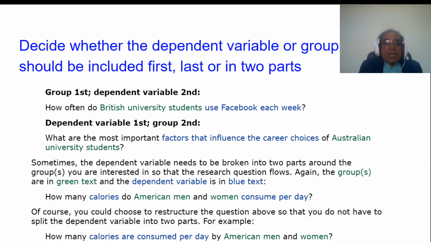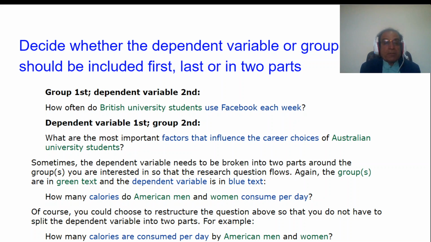We have broken the variable. Of course, you should choose the restructure of the question above so that you do not have to split the dependent variable into two parts. For example, you can write the question like this: How many calories are consumed per day by American men and women?